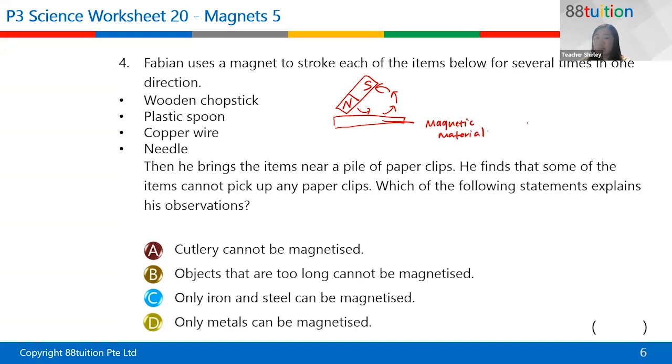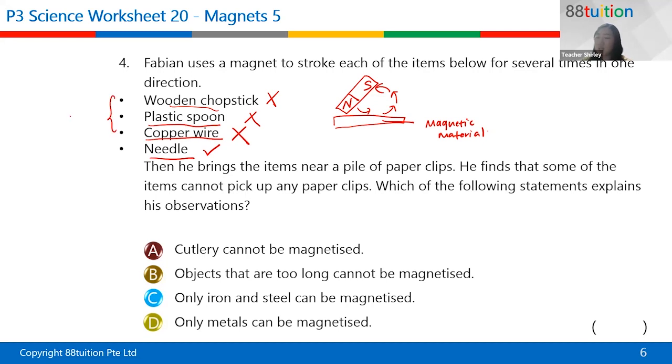If this is a magnetic material and I stroke it, it will become a magnet. But if it is not a magnetic material, like for example, wooden chopstick is not, plastic spoon is not, copper wire is not, needle, maybe yes, depending on what needle, maybe iron or steel needle.